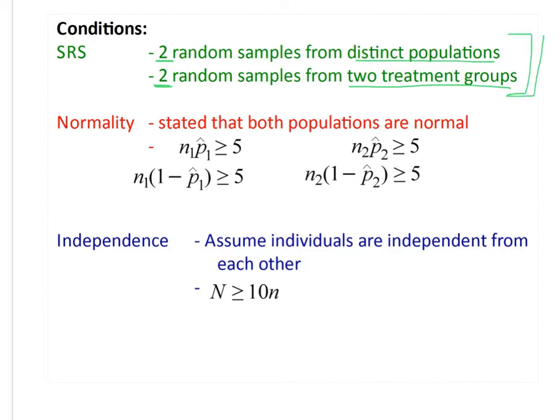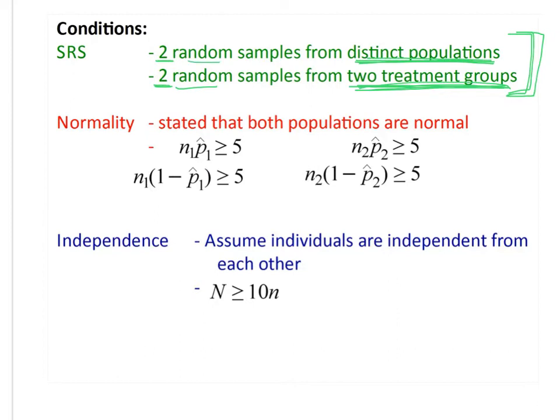This will make more sense the more problems you see, and you see whether it was 2 distinct populations, like I took a sample of people from Virginia and then a sample from Connecticut, or if it's 2 treatment groups, like maybe I took a sample of women and a sample of men. But both have to be random, and that's going to be stated in the problem.